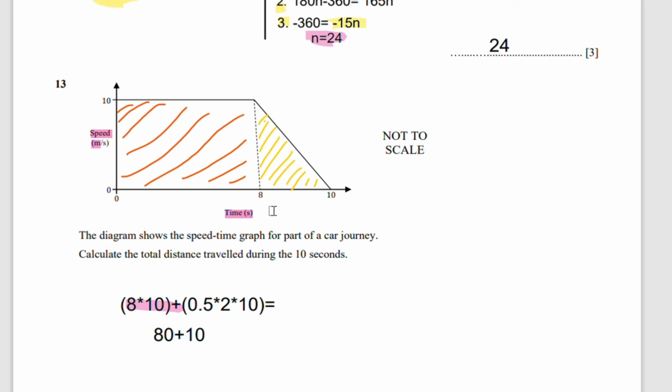So the base is 10 minus 8, which is 2, and the height is 10. So 0.5 times 2 times 10 is equal to 10. So we add the areas together, 80 plus 10, which is 90, our answer.